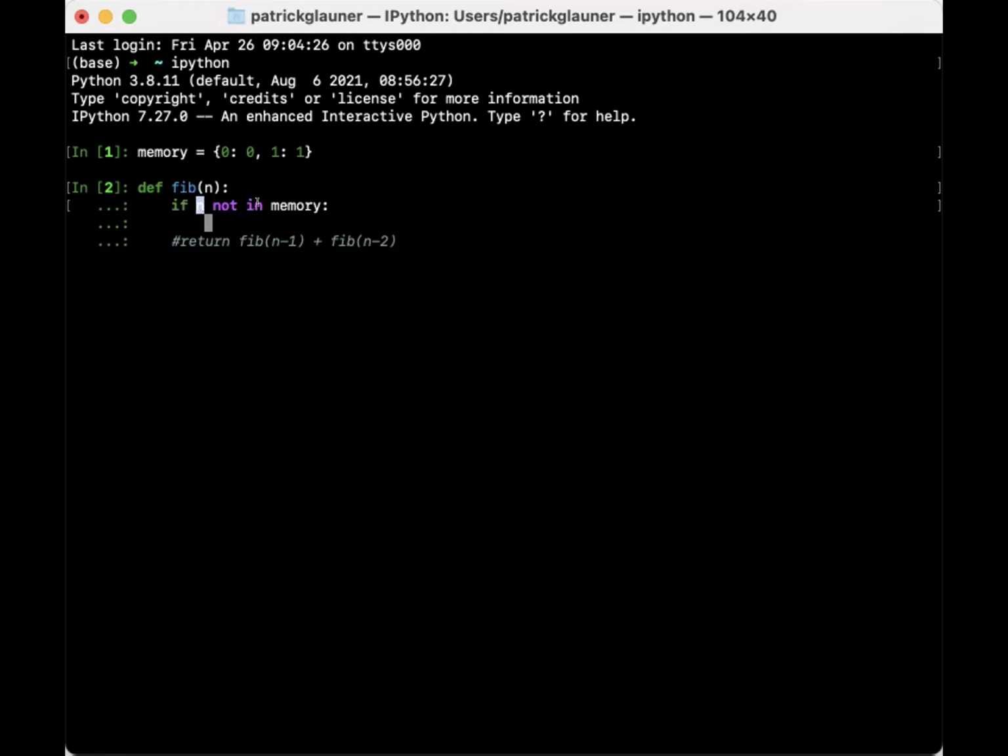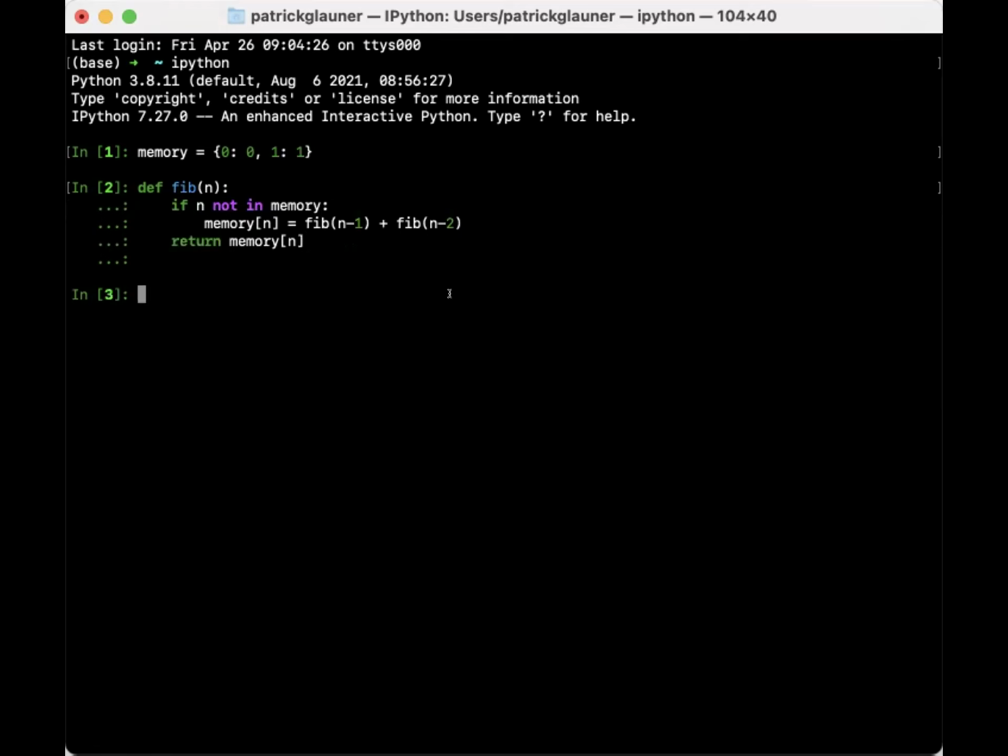If value n is not in the memory, then I need to compute it. And I need to compute the nth Fibonacci number. And the nth Fibonacci number is actually the Fibonacci number of n minus 1 plus the Fibonacci number of n minus 2. Once I have computed it, I can return it.